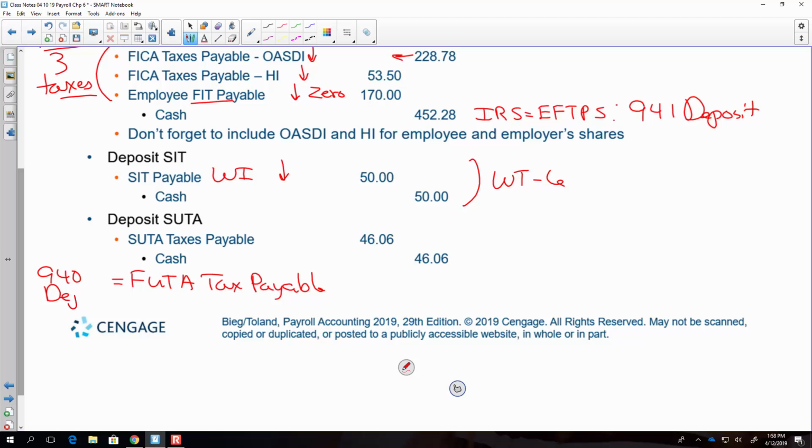So this sometimes gets confused with a 941, but remember, 941 is for the Social Security, Medicare, and FIT, whereas the 940 is simply a federal unemployment tax. So obviously there wasn't any amount here. Maybe we're over the $7,000 wage cap for every employee, so there might not be any. But there is a SUTA one, and that's what we're doing here. We're debiting the liability. We make that go down. So we have a zero balance owed at the end of that period.